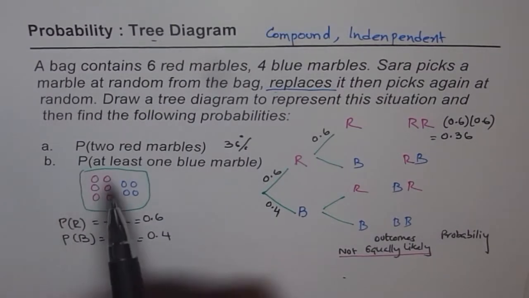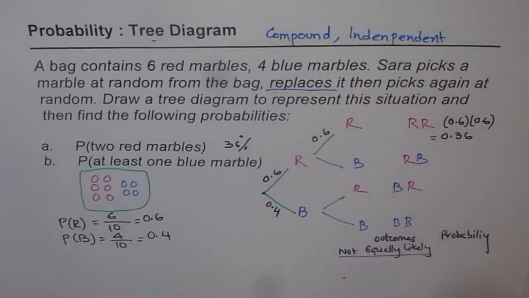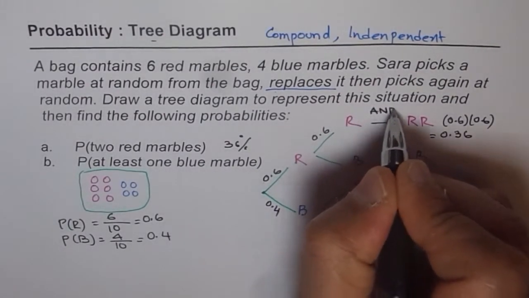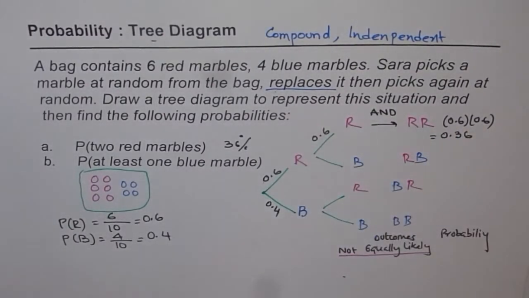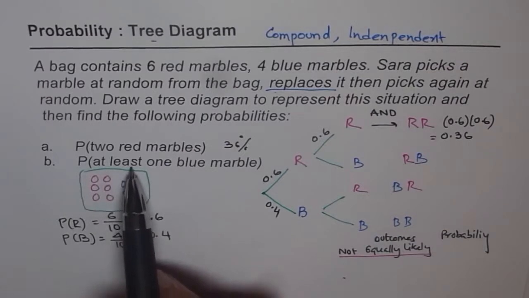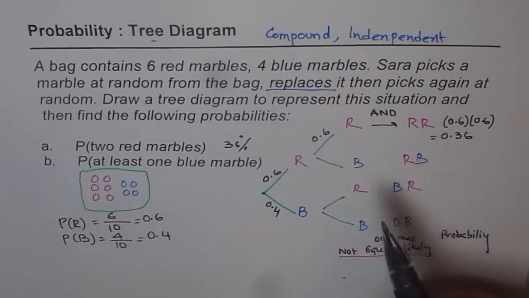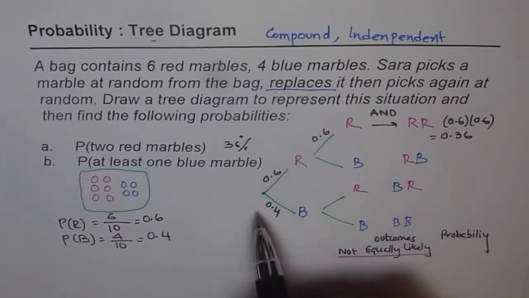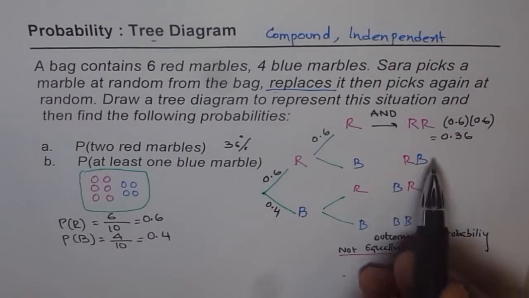Now part B of this question is, I hope you understand that part, right? So when you do this, this is AND operation, right? 2 reds, that means and, and therefore we get this answer. You multiply them, okay? Now second part, probability of at least 1 blue. At least 1 blue, you have seen these 3 cases are at least 1 blue. So what we can do here is, we can multiply all these probabilities, add them up.